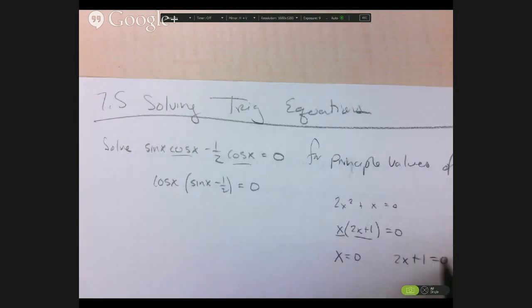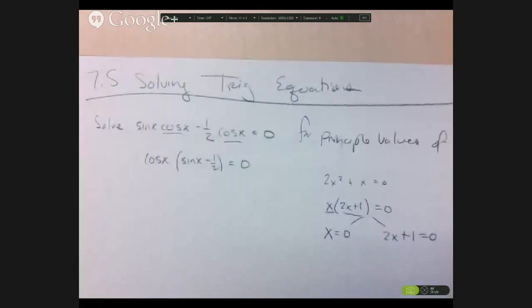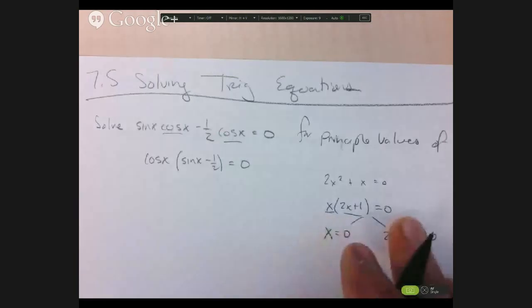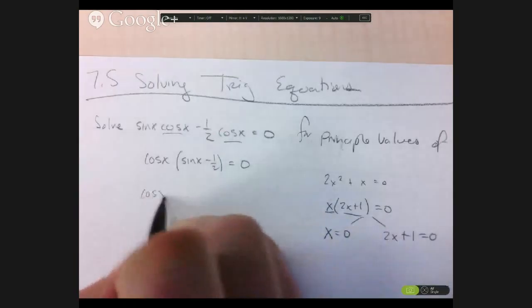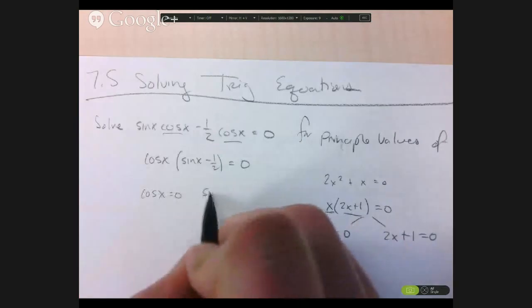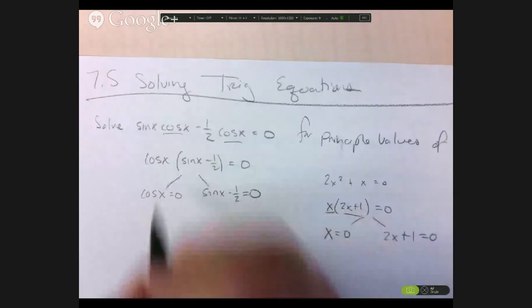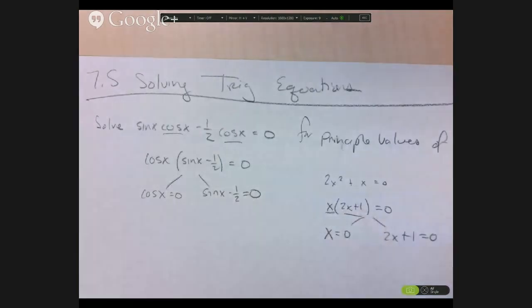Does that look familiar? You split it, right? Because one of them has to be 0 to multiply to get 0, so we're going to do the same thing here. We're just using algebra techniques to solve these.